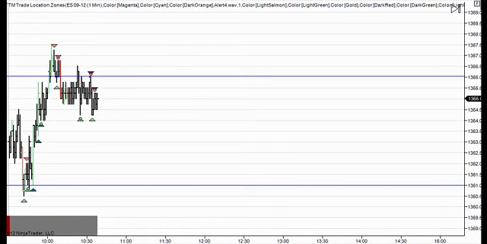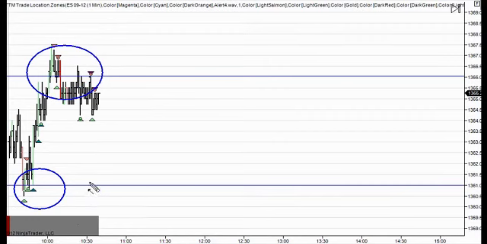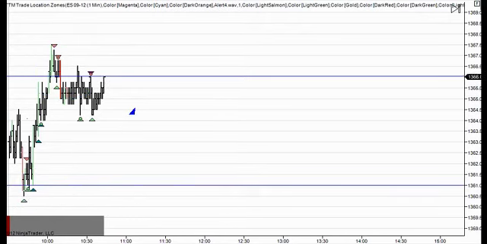So at this point we're just looking at the bigger picture between the 61 area and the 66 level, to see what happens around the 66, but our bigger picture bias is up, and we're looking really for ways to get long if we can see some structure. Now we're back above 66, but still no major structure in the day. The day's just kind of been grinding along.